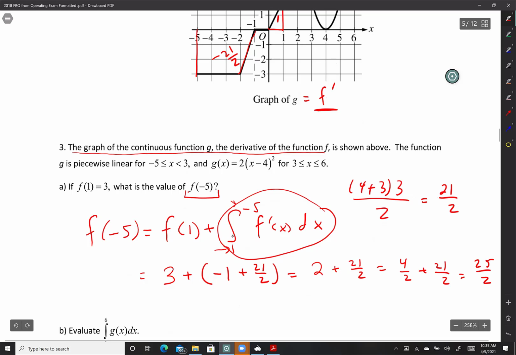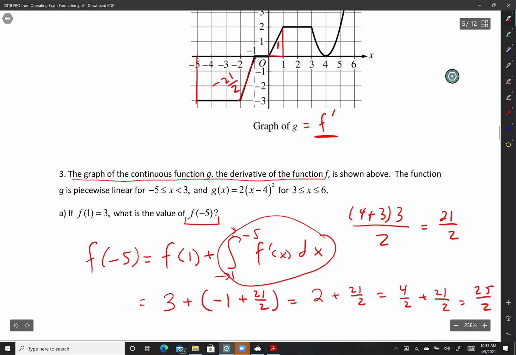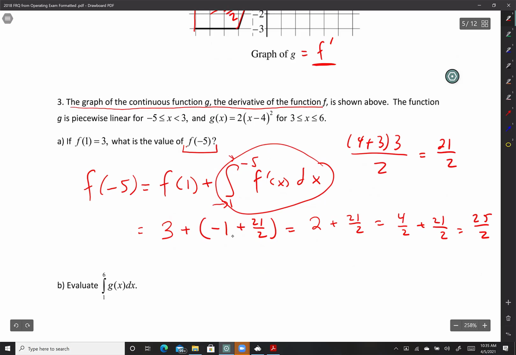I don't think I made any mistakes. Let me just make sure. No, I think we're good, guys. Going backwards, -1, positive. There it is, 25 over 2.